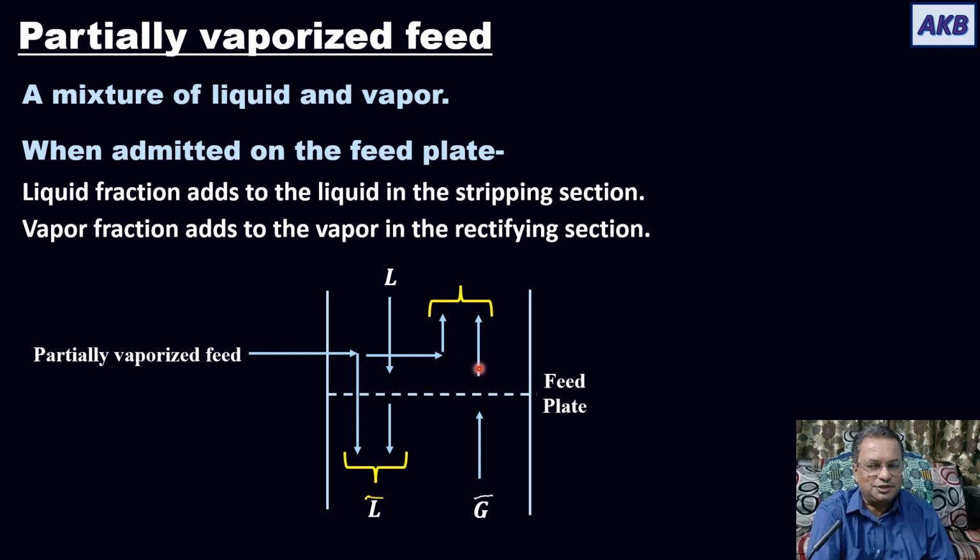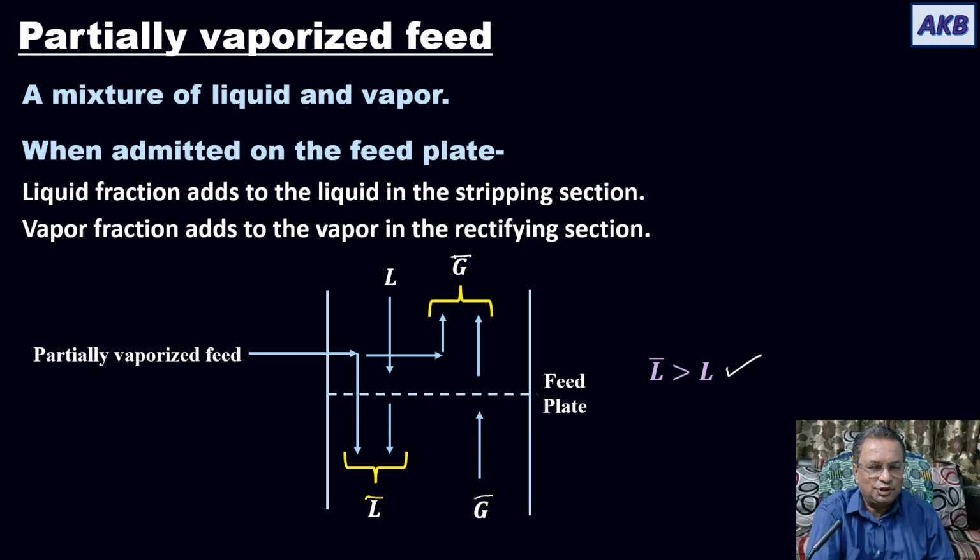So this will be G bar. Now you can easily tell the relationship between L and L bar and G bar and G. As far as L and L bar are concerned, L bar is greater than L.